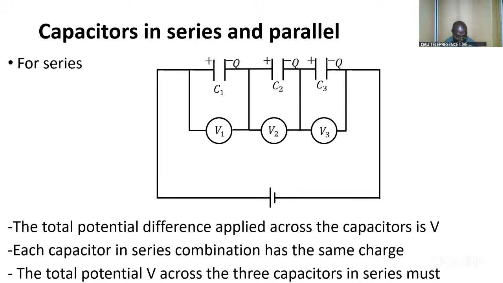Don't forget, I've given you epsilon naught, which is 8.85 times 10 raised to minus 12. You can get the area. You have been given 0.2 meters squared. So what you just do is 0.2 times 0.2, and that will be 0.04. That will be the area.